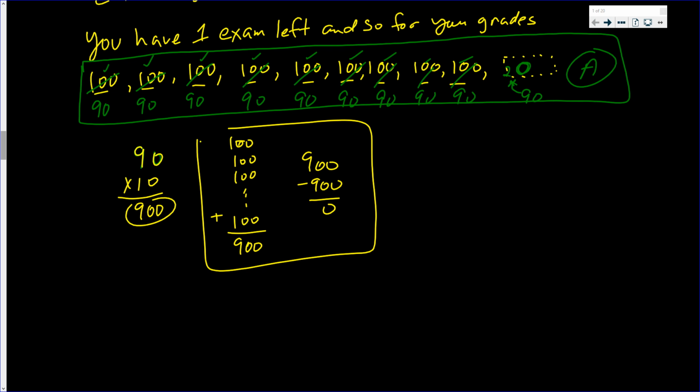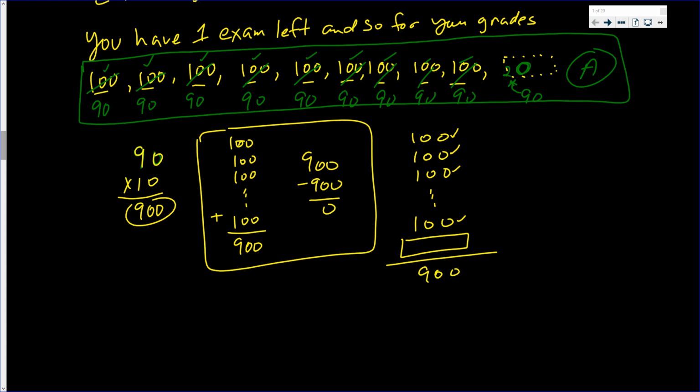The other way that I've been showing you is you write down the exams, let's say 9 of them, and then what do you need for the last one for a total of 900? Well, 0 plus 0 plus 0, 9 times is 0, so you get to add 0 to get 0, carry over nothing. 0 plus 0 plus 0, 9 times is 0, and you want 0, so you can add nothing.